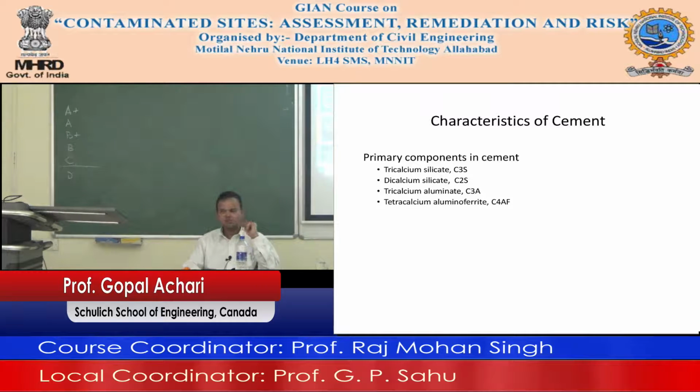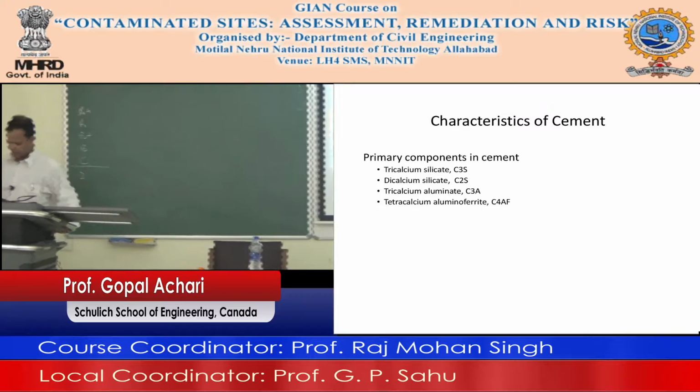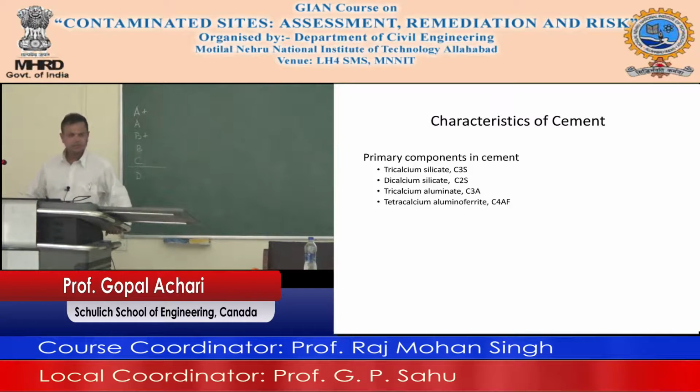These are the major components of cement, right? You add water and the tricalcium aluminate, tricalcium silicate and dicalcium silicate form hydrates: calcium silicate hydrate, calcium aluminate hydrate, and so on, right?